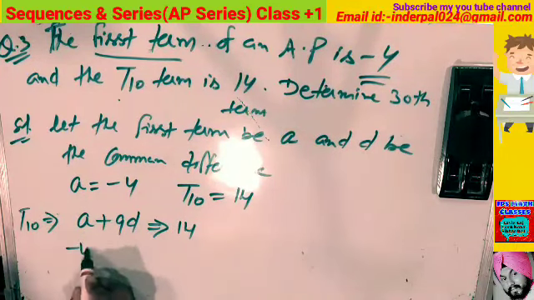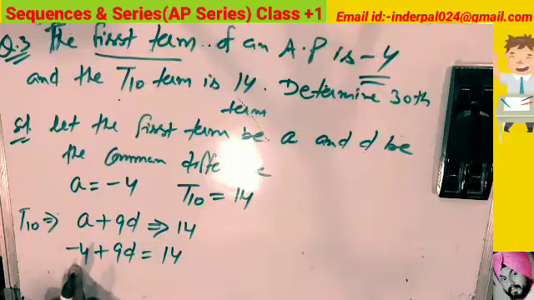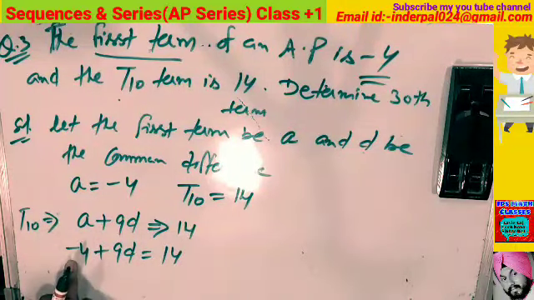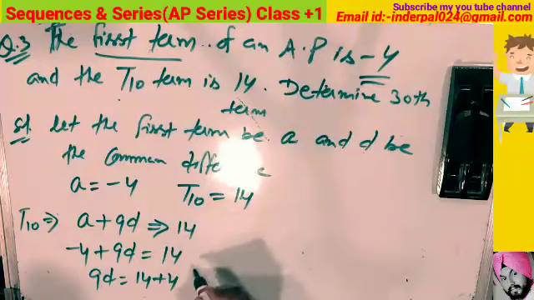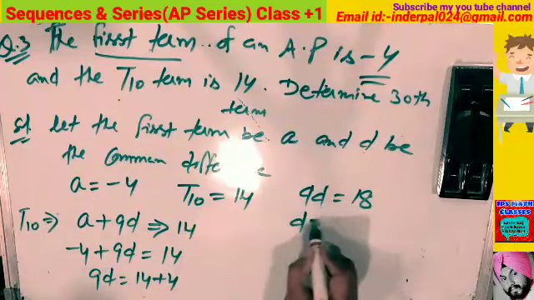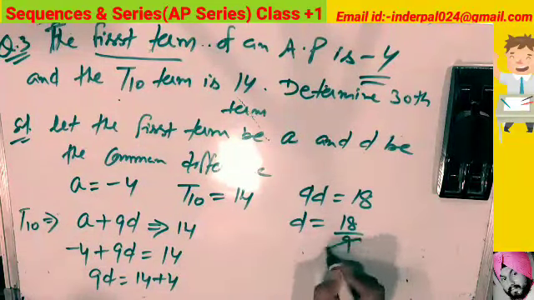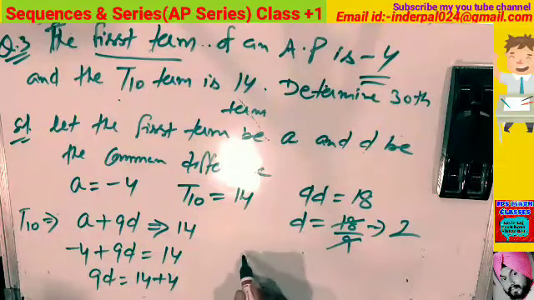Putting the value of A, minus 4, we find D: 14 plus 4 is equal to 9D is equal to 18. Value of D is 18 by 9. 9 cancels with 18, D will be 2.